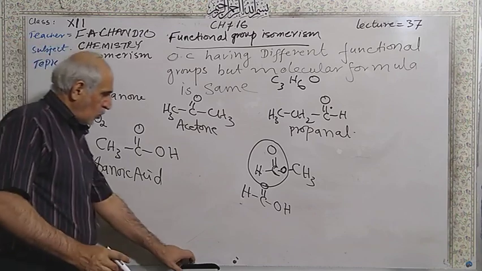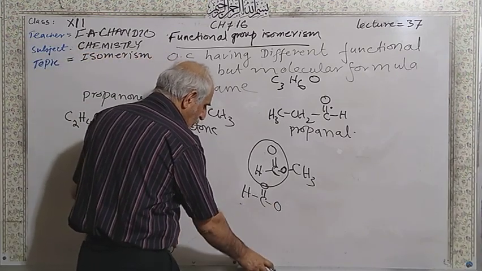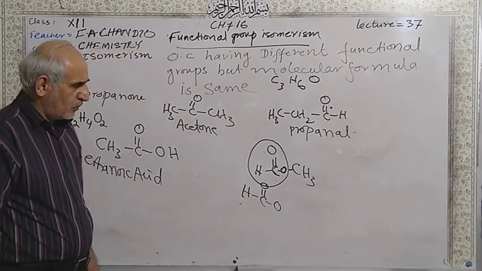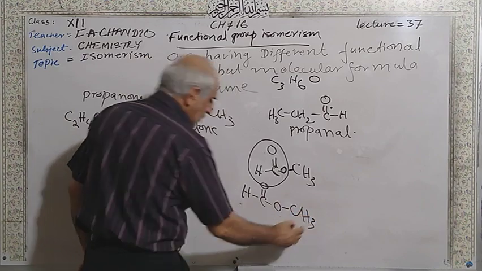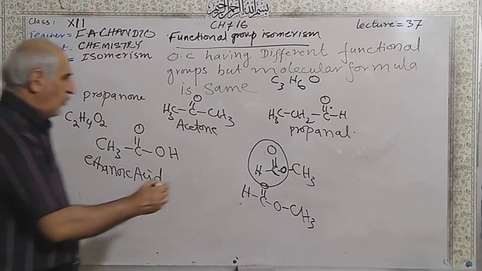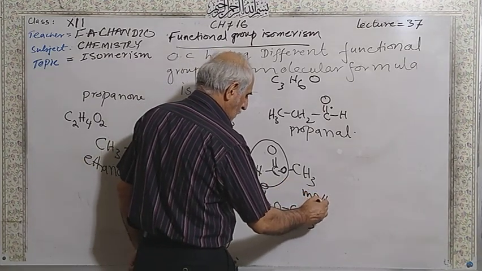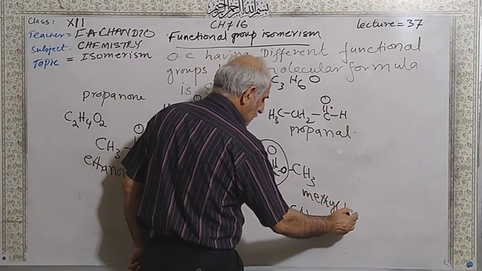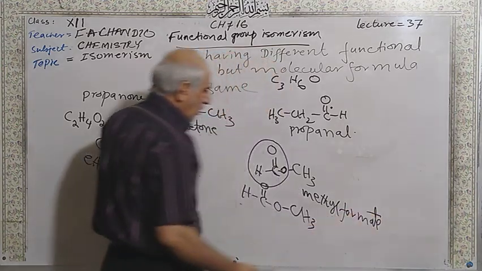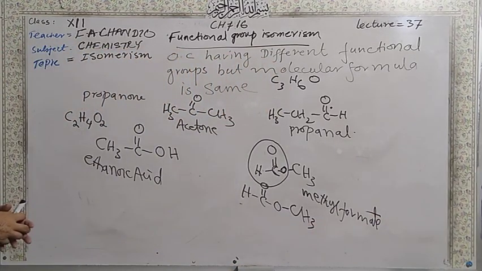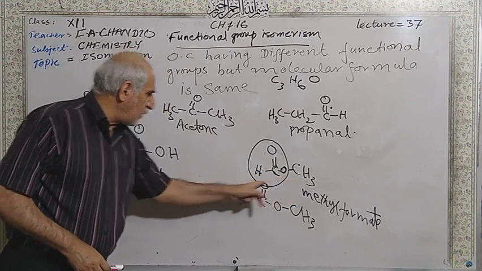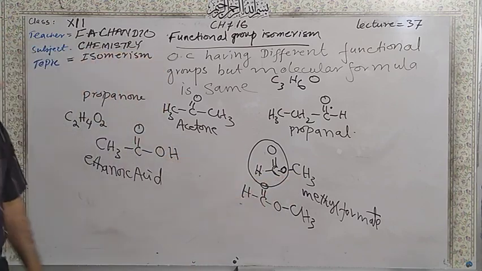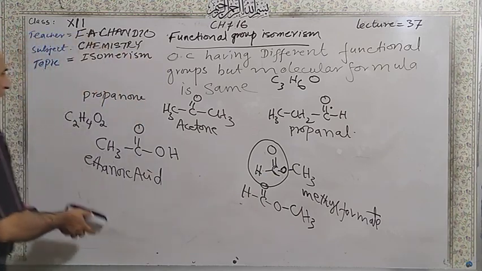When I remove this H, this is called formate, methanoate, and then the alkyl group. This is methyl formate. Both have the same 2 carbon atoms, 4 hydrogen atoms, and 2 oxygen atoms. So these are called functional group isomerism.